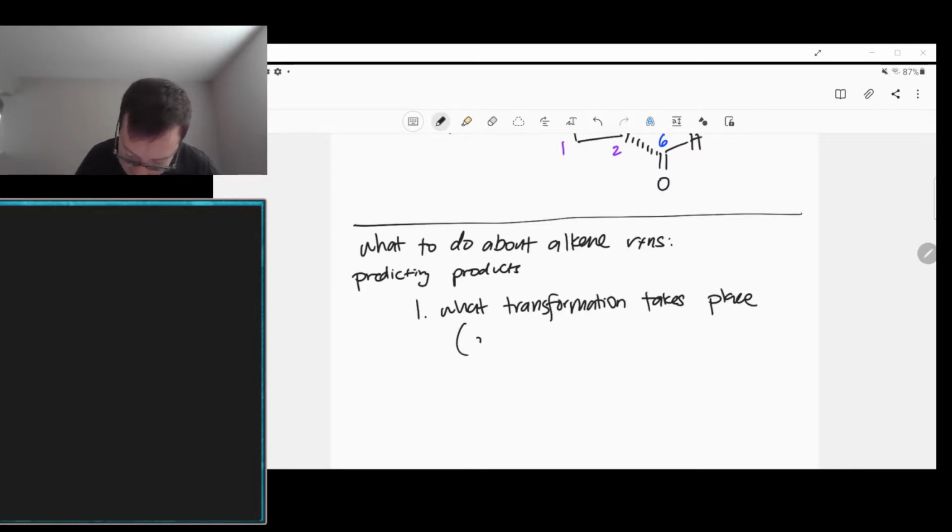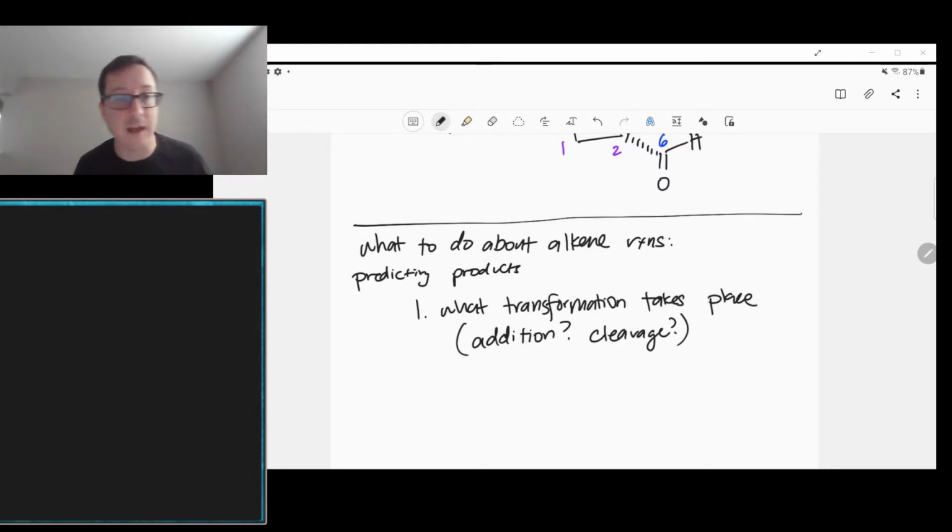I.e., is this an addition or is this a cleavage? If it's an addition, are we adding a halogen? Are we adding a hydroxy? Are we adding something else? So it's important that you understand first what transformation should be taking place with your reaction.